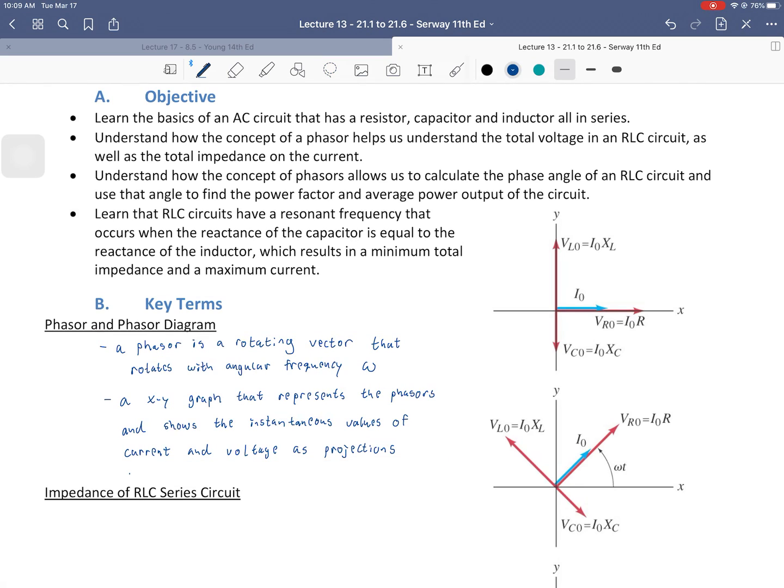Projections onto the x-axis, and that's just a way that the plot is defined.